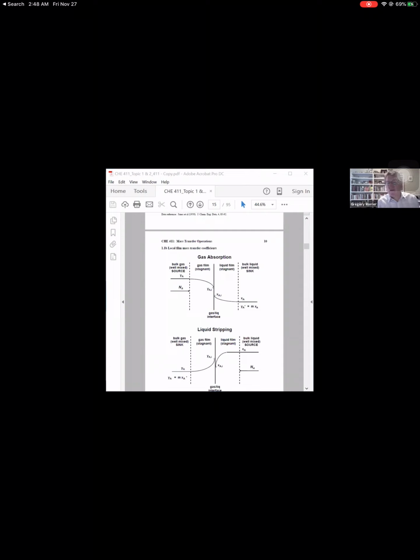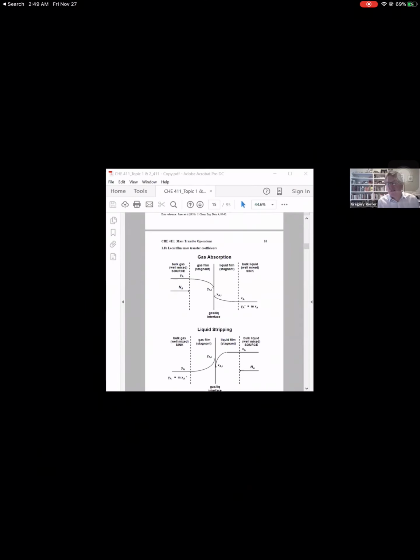we first looked at the definition of a gas film and liquid film, because remember, in gas absorption, the same flux goes through the gas film and then through the liquid film, but they have different driving forces and different units associated with their mass transfer coefficient. So for example, in this diagram here, if you are looking at gas absorption, then the driving force will be YA minus YAI.